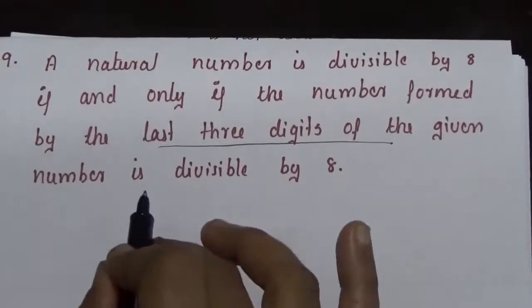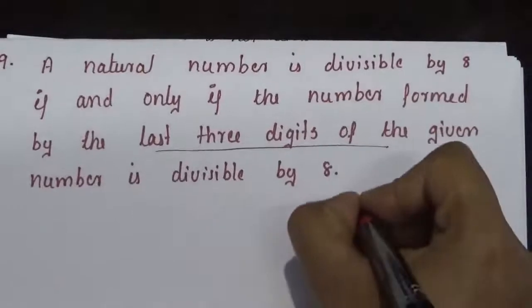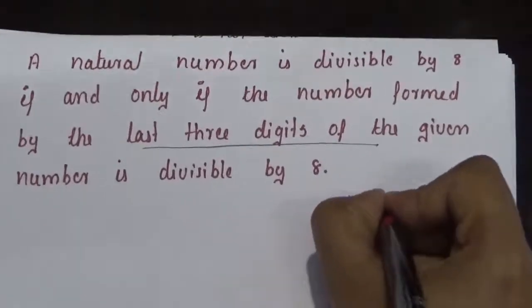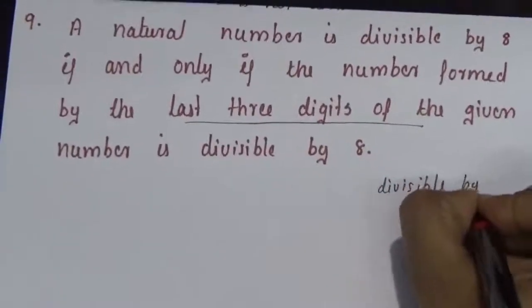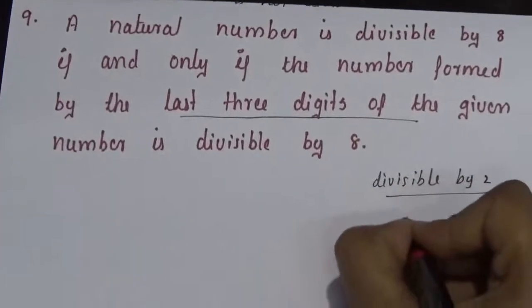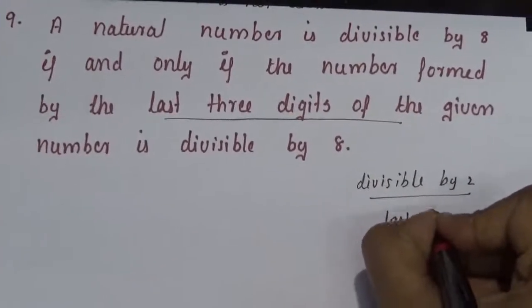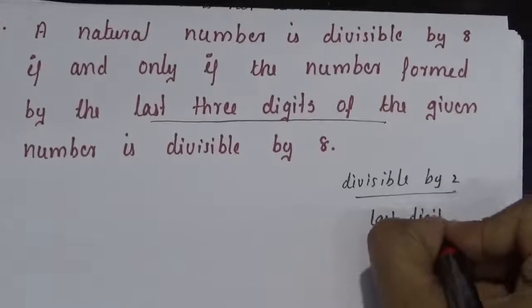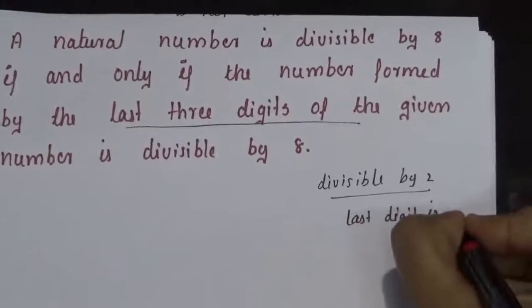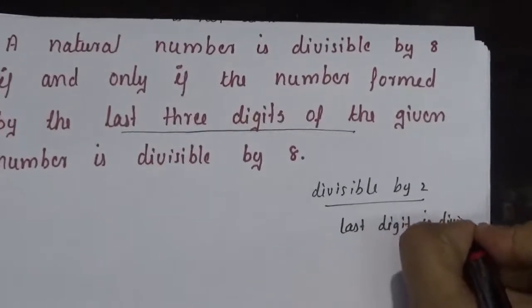In the case of divisibility by 2, we check whether the last digit is divisible by 2, that is, an even number.